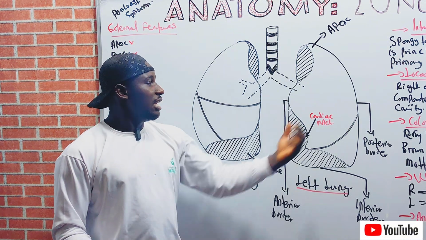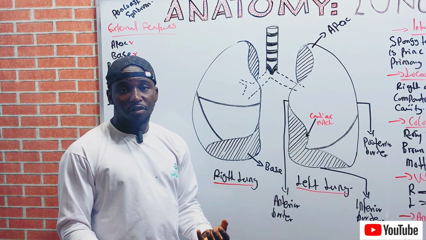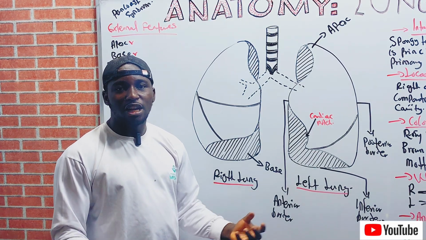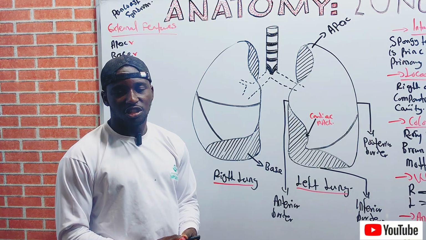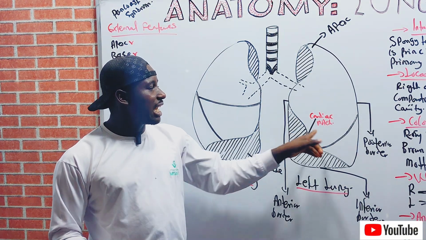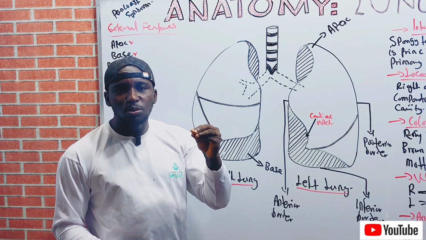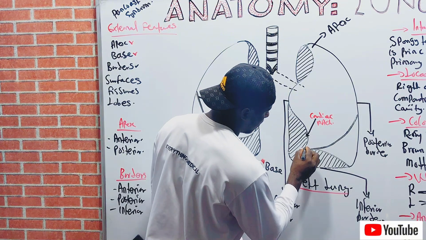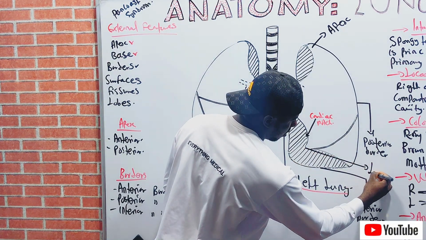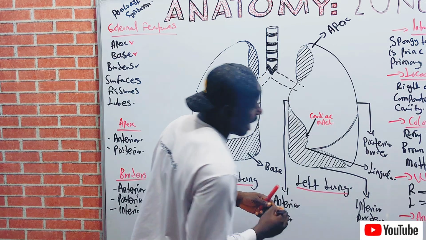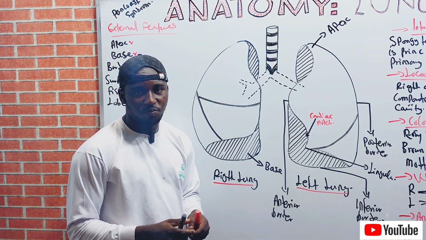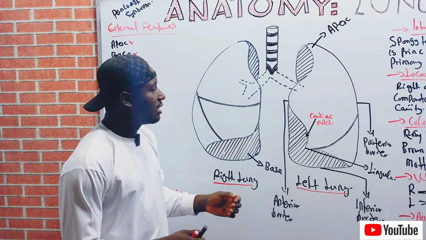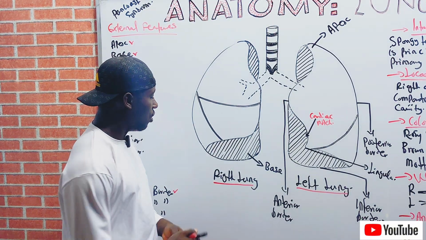Below the cardiac notch is a tongue-shaped projection known as the lingula. We have superior lingula and inferior lingula also. So that is all about the anterior border.